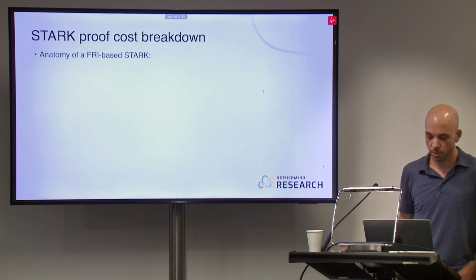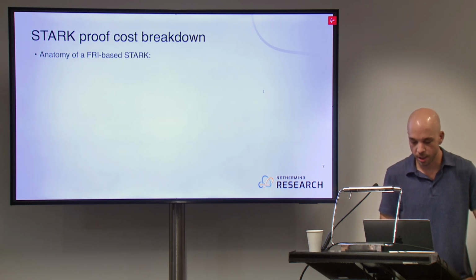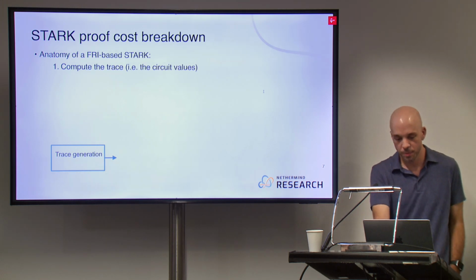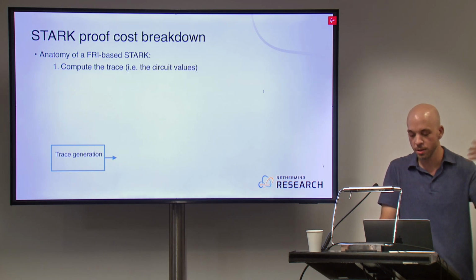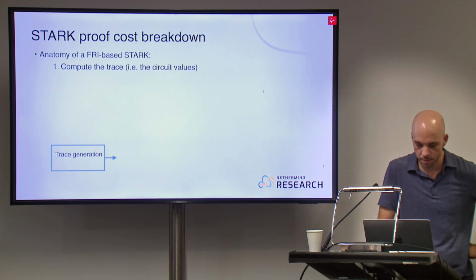So let's first see an anatomy of a Fry-based Stark, which is all of the examples I mentioned before. A Fry-based Stark proceeds as follows. First you compute the trace, or if you want, the wire values of the circuit.